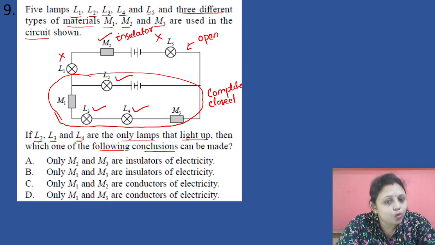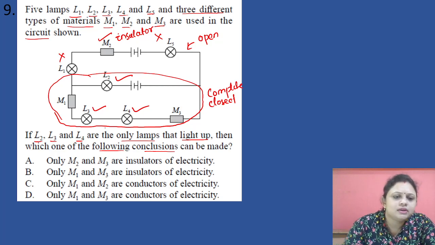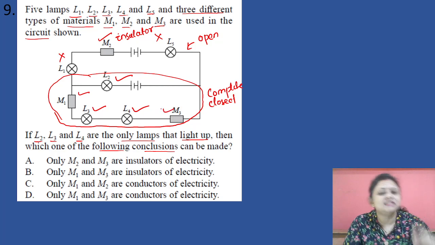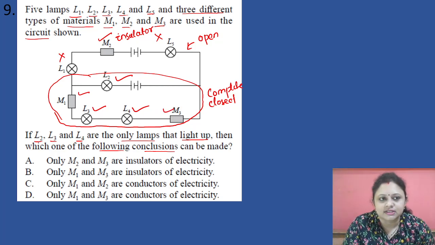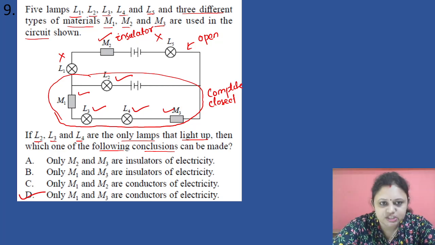In an open circuit the lamps will not light up. So the correct answer is that M2 is an insulator and M1 and M3 are conducting electricity, so they are good conductors of electricity. So what would be the answer? Yes, that is option D. Only M1 and M3 are conductors of electricity.